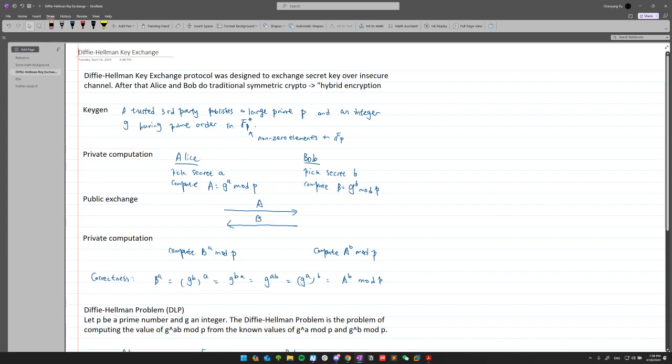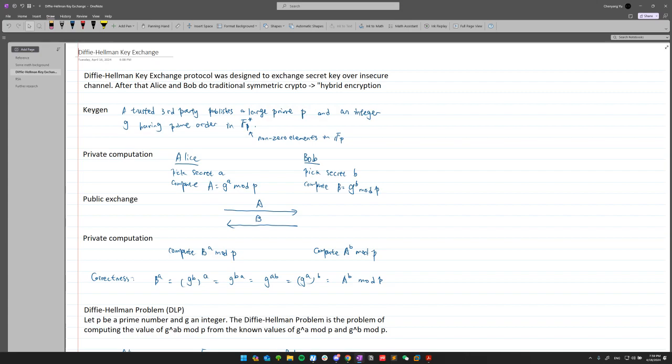In the key generation phase, you still have a third party publishing a large P and a generator G. You can think of this phase as a government agency. They post a standard, you follow the standard, and you have to trust that the standard has no backdoor.